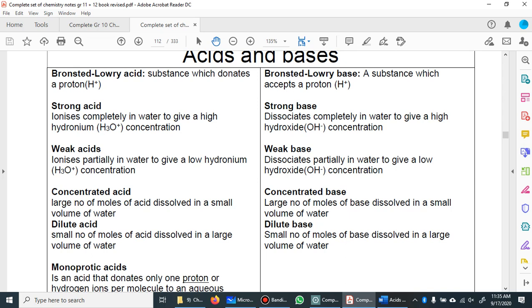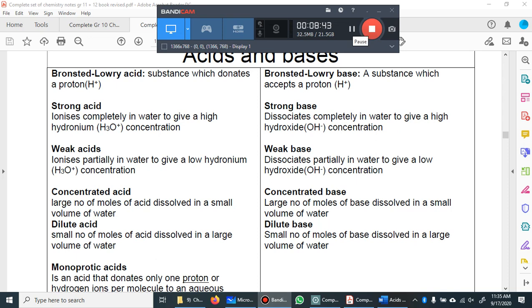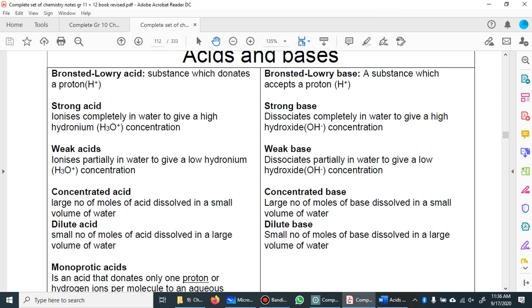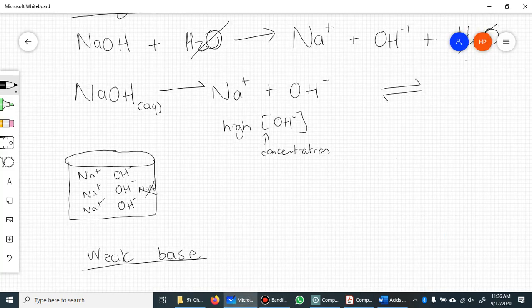Okay, so they dissociate partially in water to give a low hydroxide concentration. Then let's go on and do an example of that.